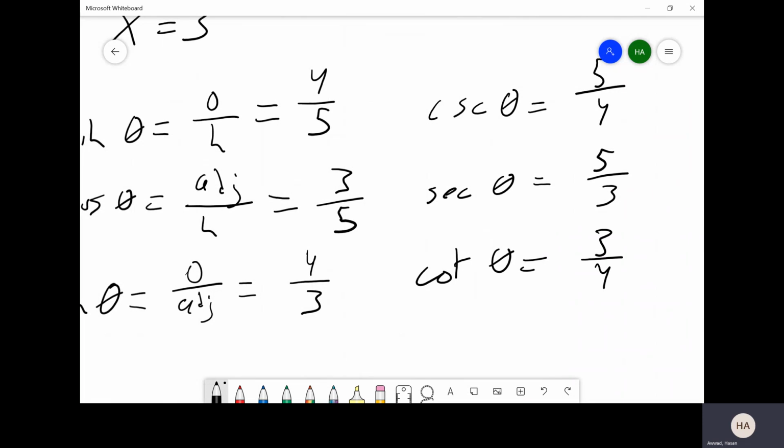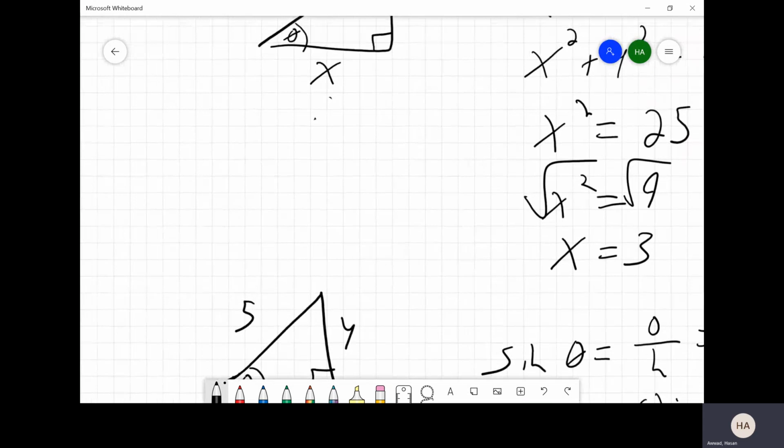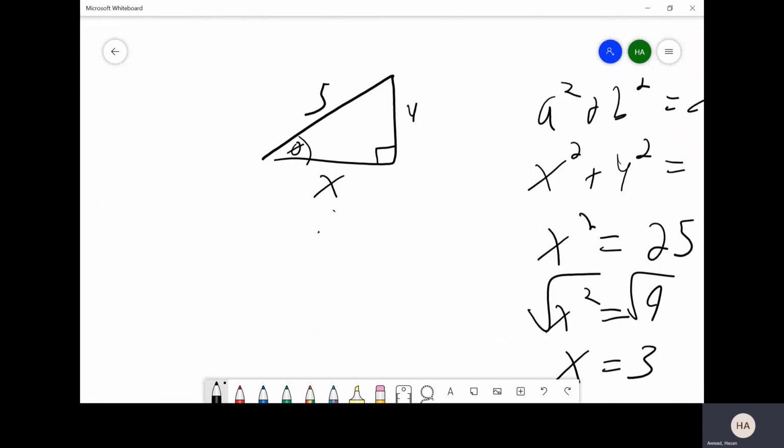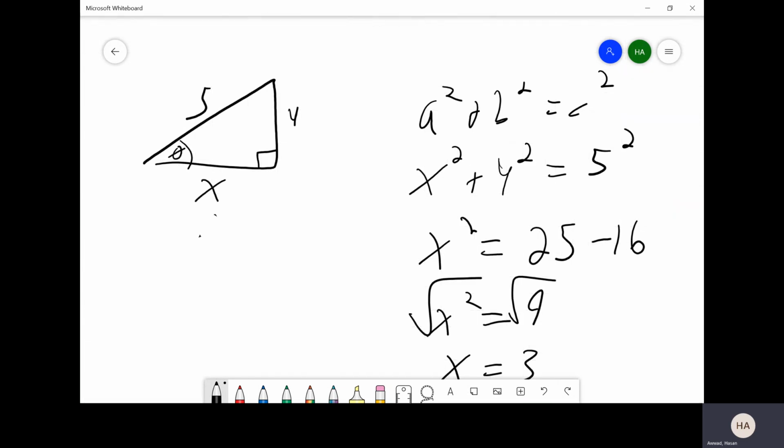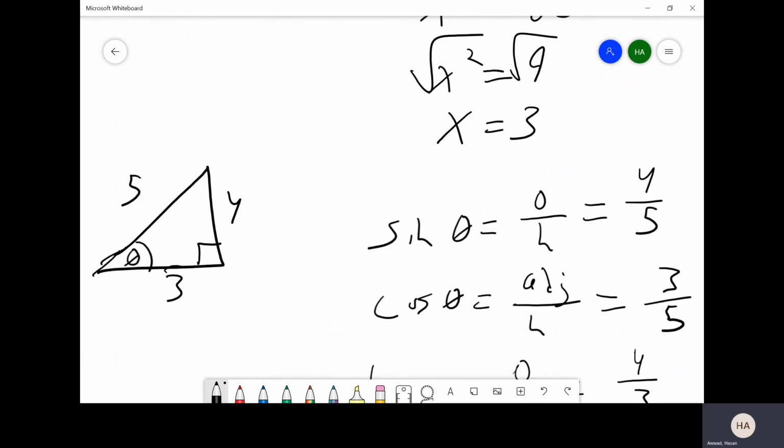And again, depending on what information you're given, you can find everything else, right? So we started this with only knowing that we have a right triangle and knowing 2 sides of that triangle. To be able to find the 6 trigonometric functions, we need to know all 3 sides of the triangle, right? So we need to figure out what x is. We figured that out using the Pythagorean theorem, and so we figured that missing side out to be 3. Once we now know all 3 sides of the triangle, we can just apply what we just learned, right?